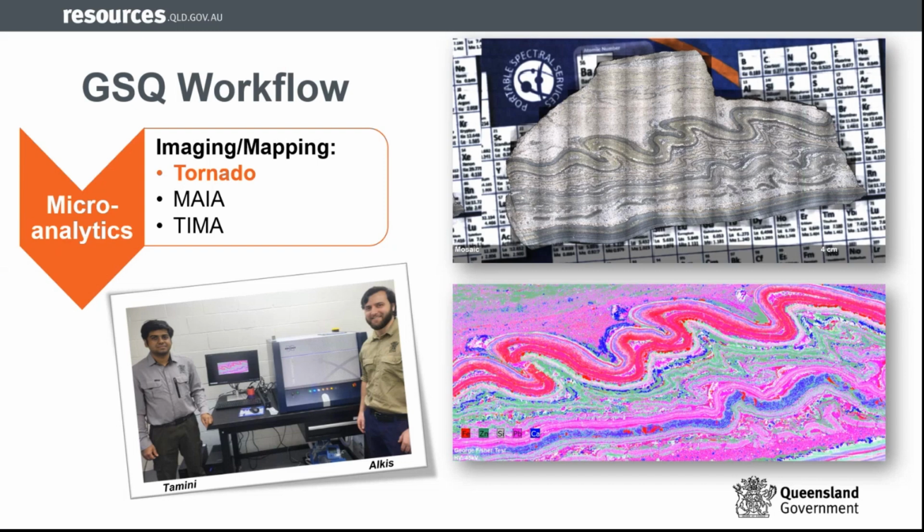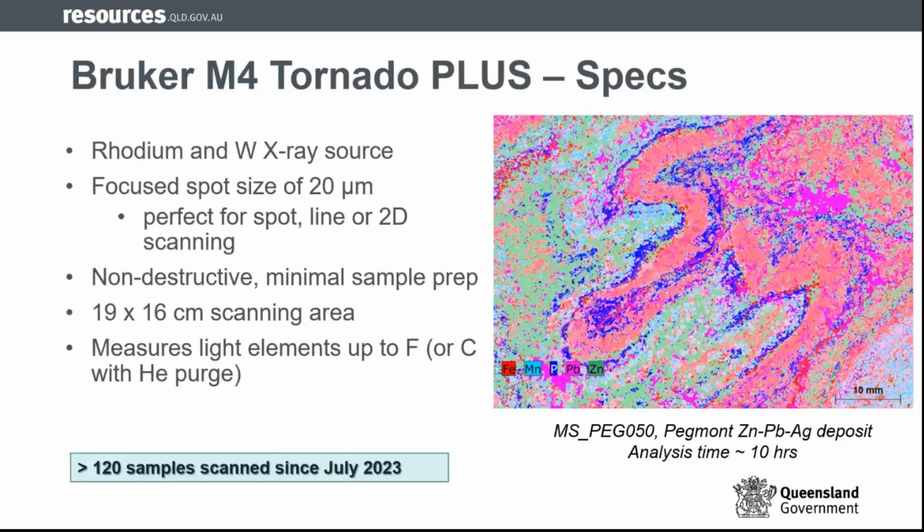When we're sampling, the instrument is situated also at EDC. So if we have any questions we can't resolve looking at the core, like what sort of mineral it is, the instrument is perfect for spot analysis. We can do spot analysis straight away, very quickly. And the instrument doesn't need a lot of preparation.